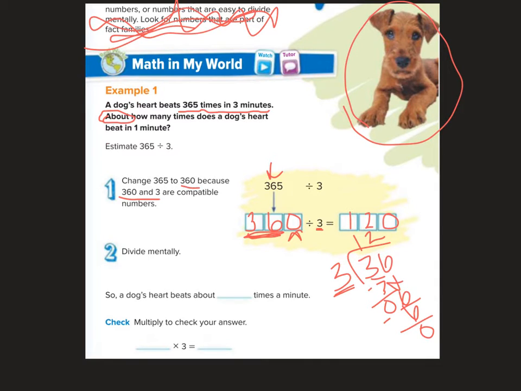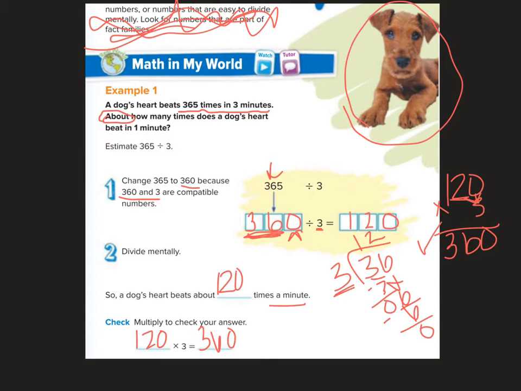So that is about 120 times in 1 minute. We're going to check our answer to see, is 120 times 3 equal to 360? 3 times 0 is 0. 3 times 2 is 6. 3 times 1 is 3. It checks out. We got a good answer here.